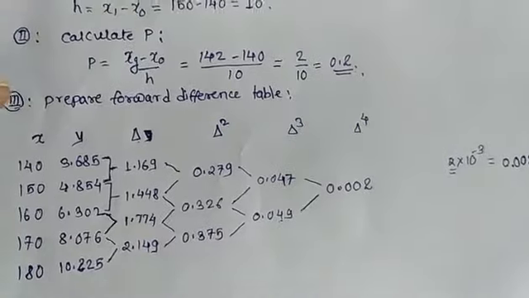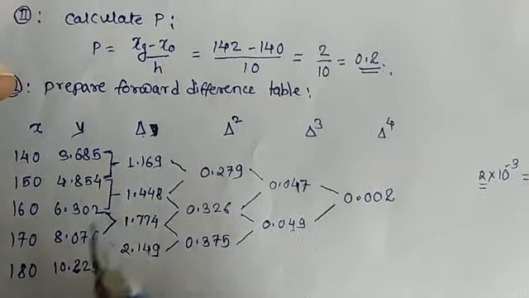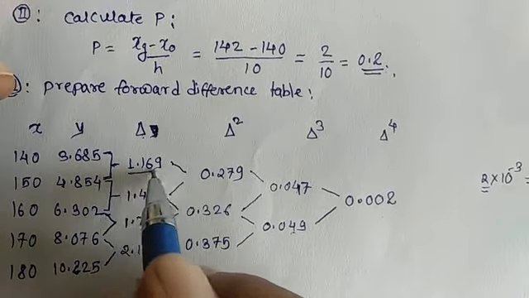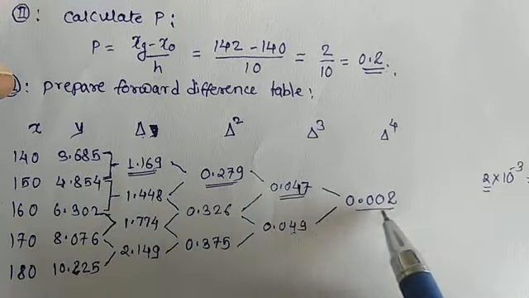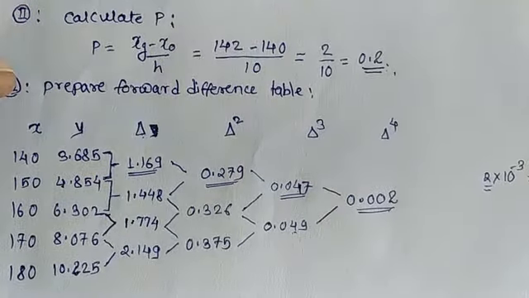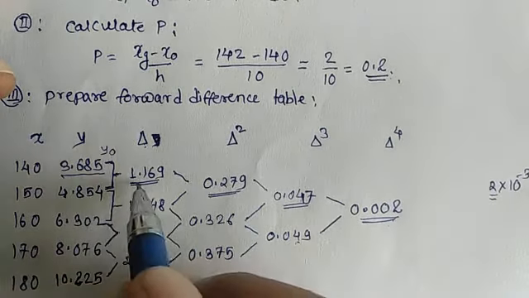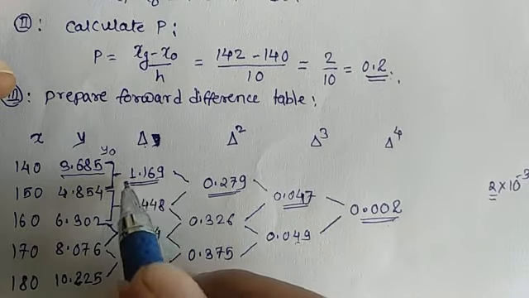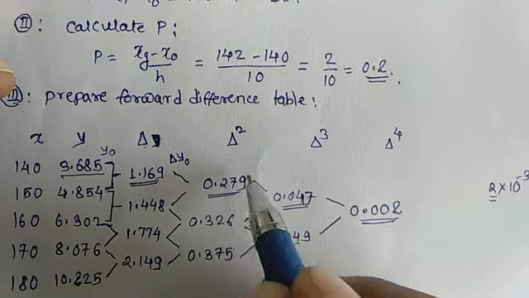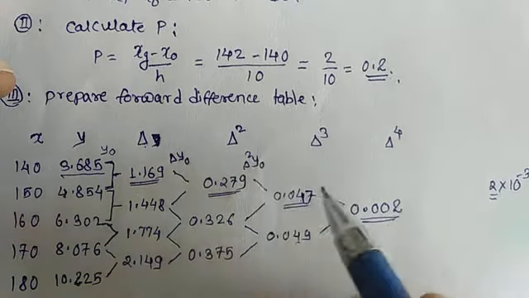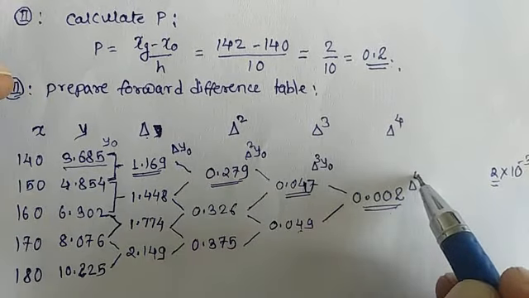Okay, this is our forward difference table. In this forward difference table we only require the first values. So here the first value is y0, and this value 1.169 is del y0, here it is del square y0, here it is del cube y0, and the last value is del raised to 4 y0.